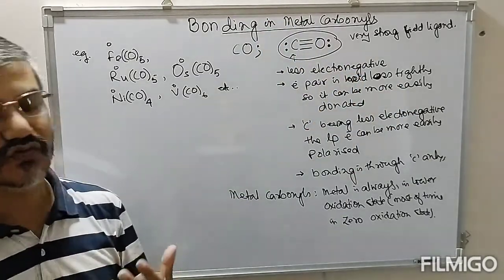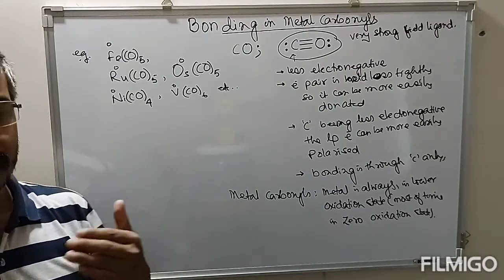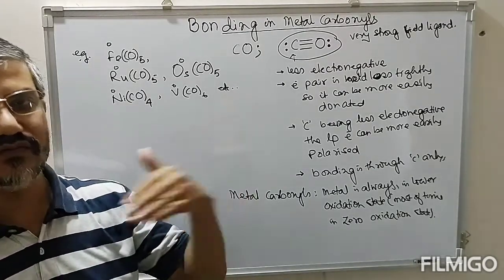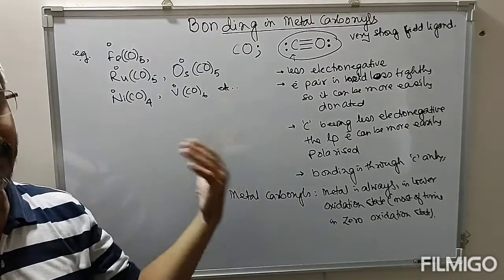Whenever we have a strong field ligand, in most cases this ligand will force the electrons to pair up in the d orbital.